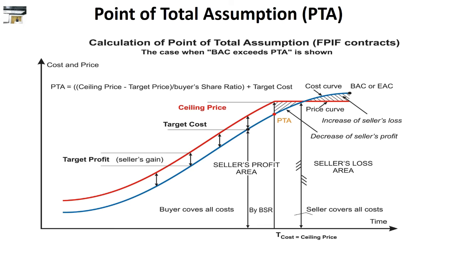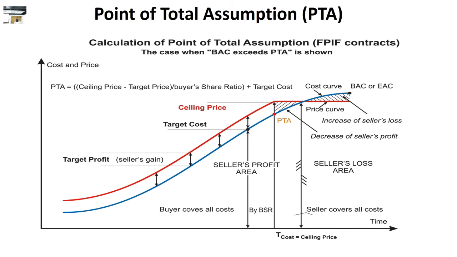If you pause the video and look at the graph in front of you, this is evident from the graph as well. Plus this graph also depicts the relationship between profits, losses, point of total assumption and the cost.